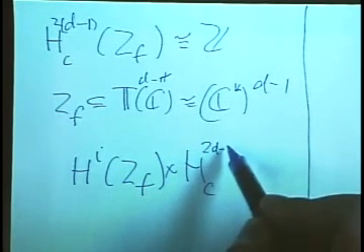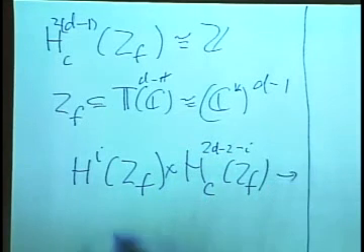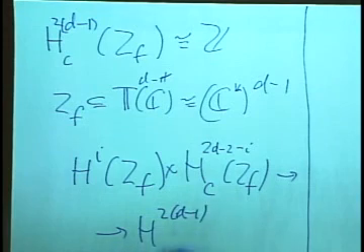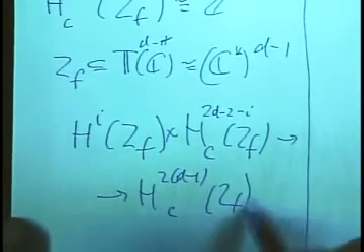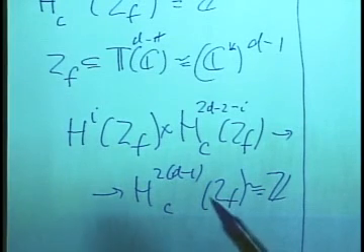So we have minus i, which maps to H^{D-1}, of course isomorphic to Z.